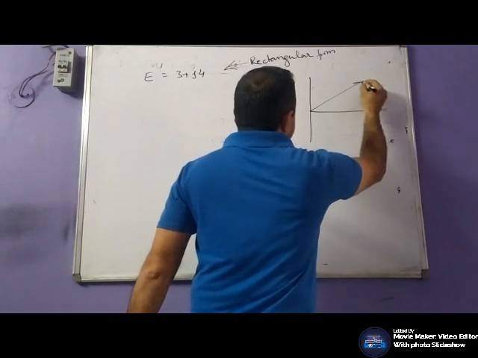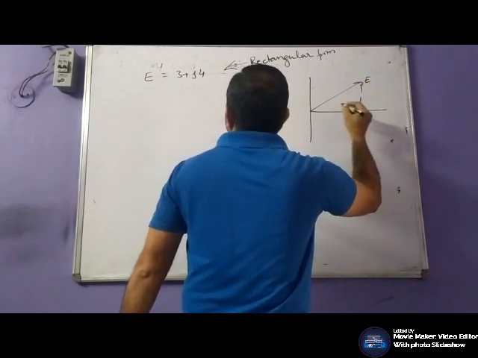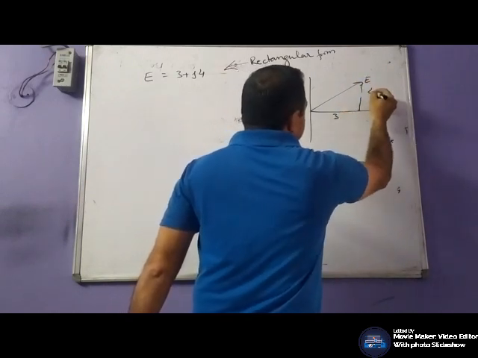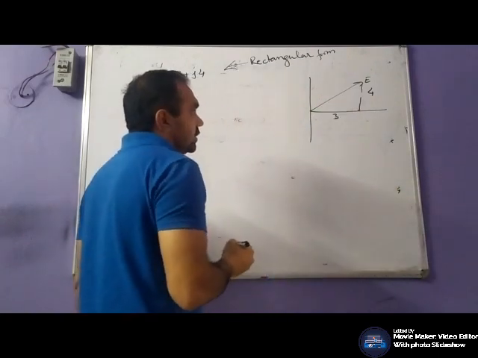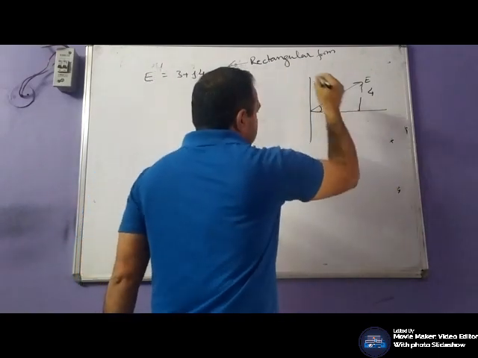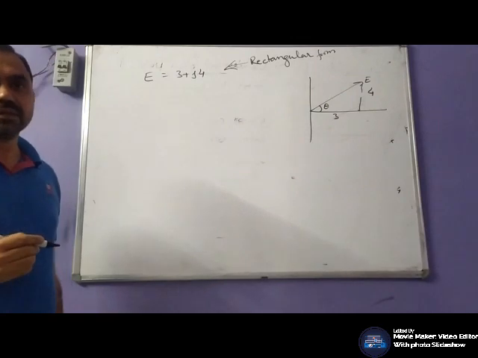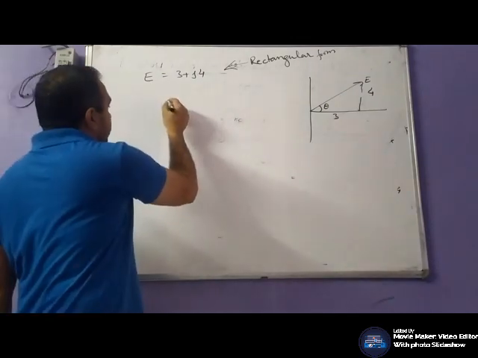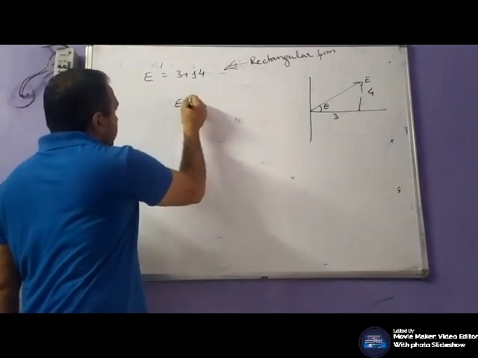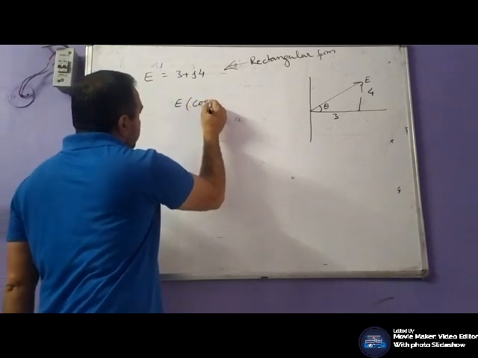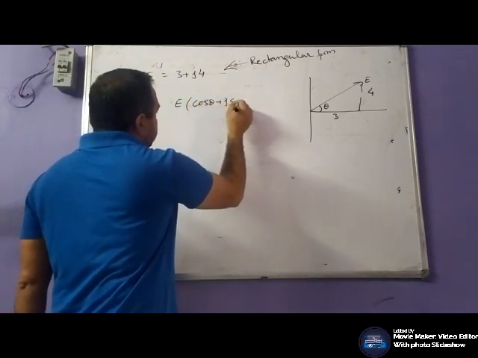Here the value is 3, 4, and this angle we let it be theta. For conversion into trigonometrical form, that is E cos theta plus j sin theta.